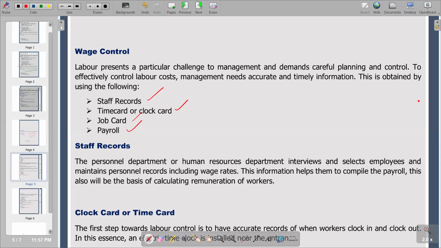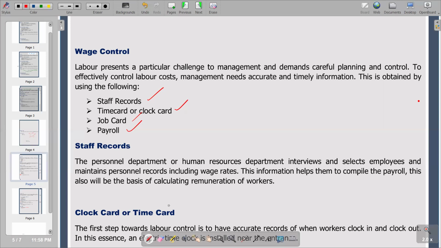So remuneration, basically, we're talking about the wages and salaries that are going to be earned by the workers. The calculation is based on the information that relates to those workers. Remember, when a worker is hired, obviously they sign contracts which also contain the actual wages that are going to be paid for each and every worker. Staff records have become the basis of calculating remuneration of workers.